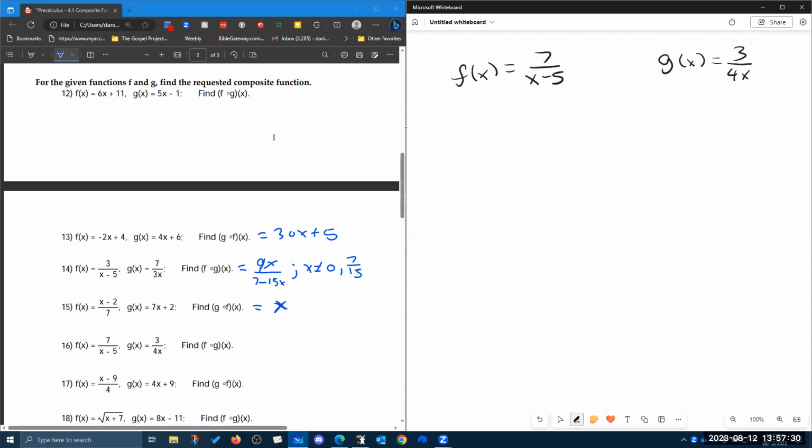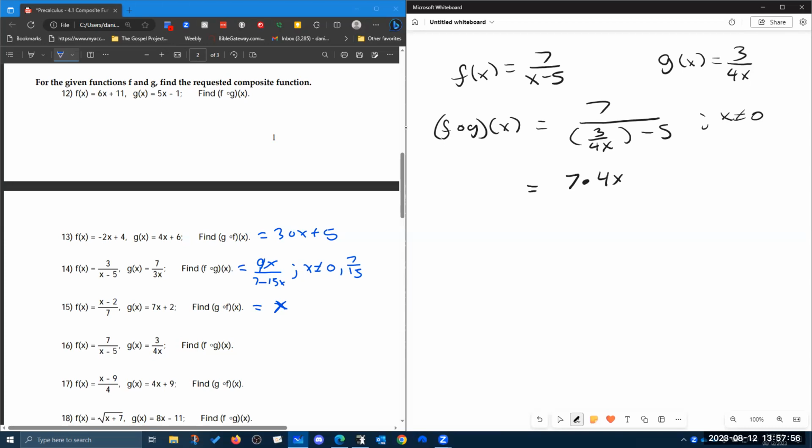And f of g of x, I'm going to write down f. Since it's the outer function, we're going to plug in g. We're going to pay attention to the fact that x can't be 0. Now we're going to clear the fractions, and I'm going to do that a little different than last time.